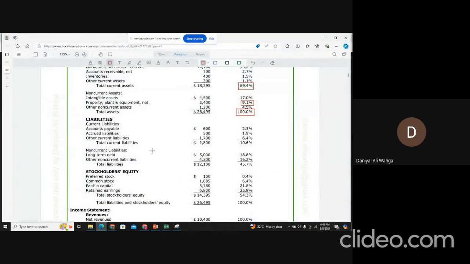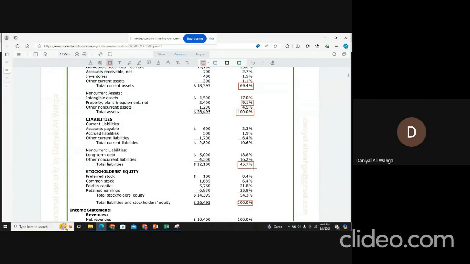Coming back from a break, now you see you have liabilities, my total equity and liability. It's also referred to as 100 percent, and my liability, including my current liability and my non-current liability, is being a part as 45.7%.